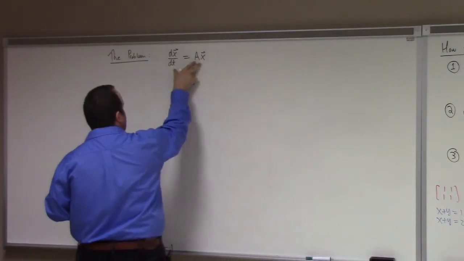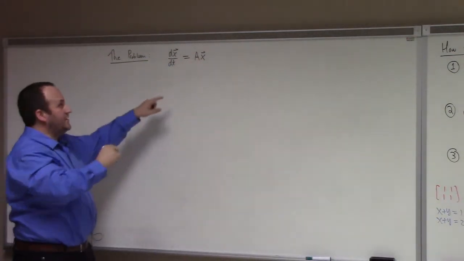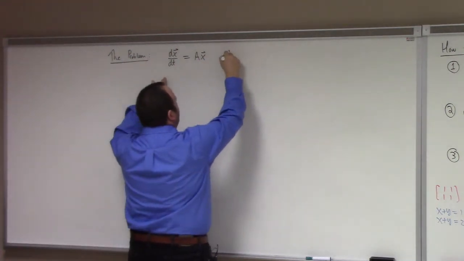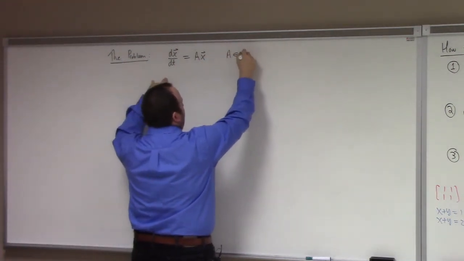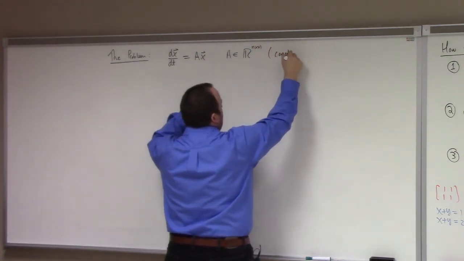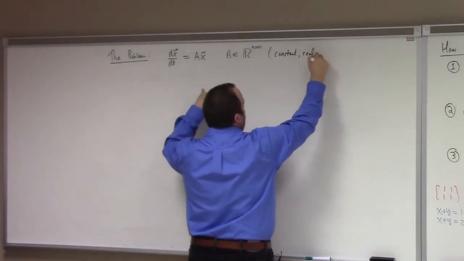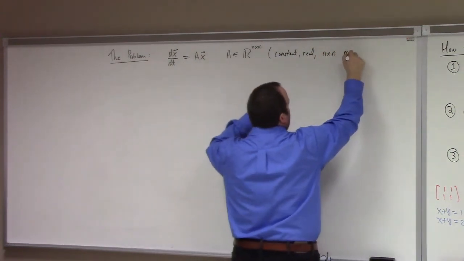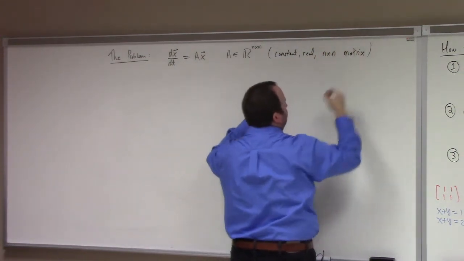So this is more general than it at first appears. But here, A is an element of what I call R^(n×n), so it's a constant real n by n matrix. All right?